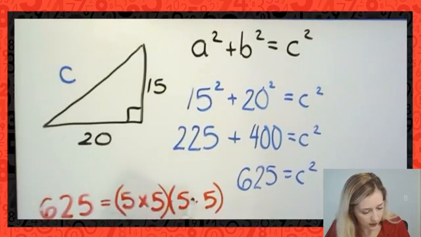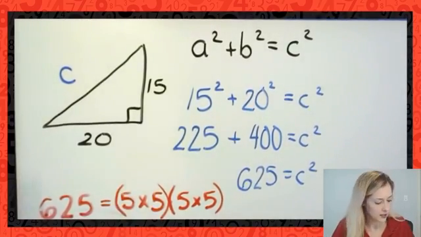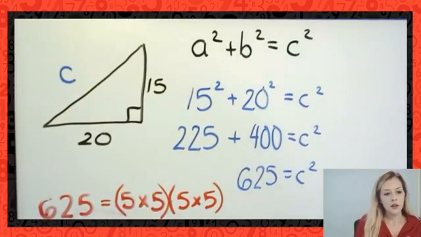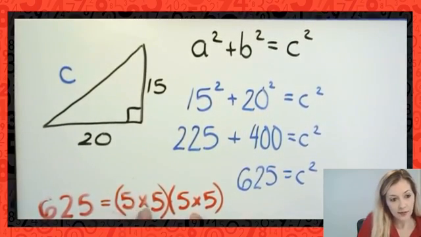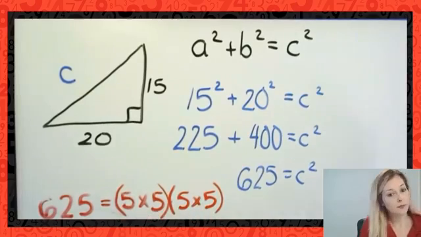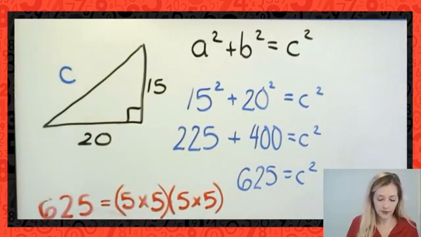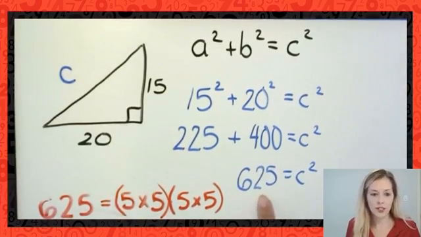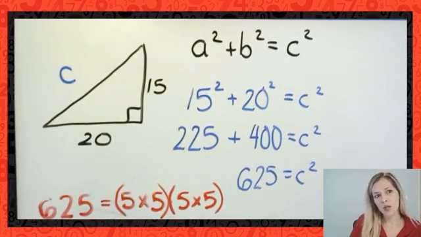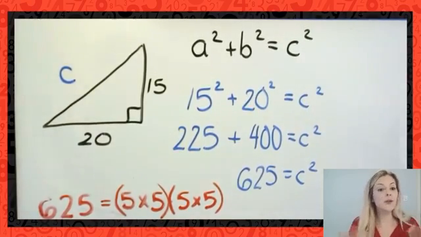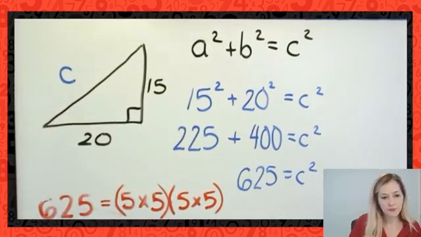I know some of you might not know what that is, and that's fine. Right? And so I see that 625 is equal to 5 times 5 times 5 times 5. I know 5 times 5 is 25, so I know that the square root of 625 is 25. So just a cool thing to be able to do to apply our knowledge of square roots.